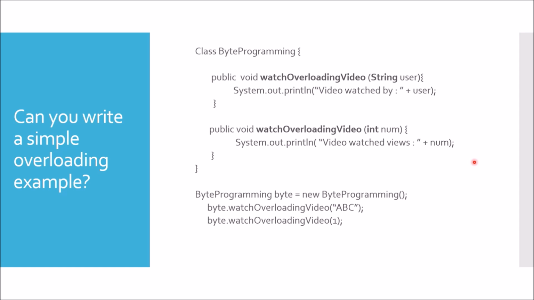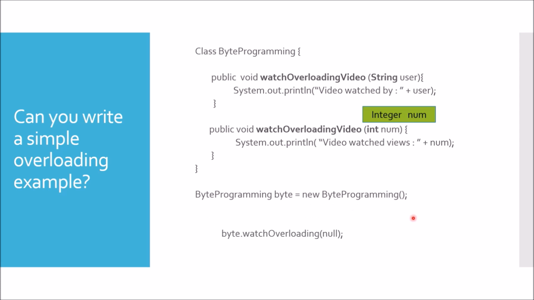Now here comes the twist. Instead of making it int, I would create and pass Integer num. Now the data type changed from int to Integer, and here we can pass byte.watchOverloadingVideo(null).